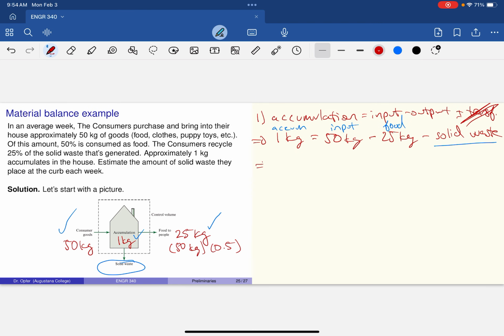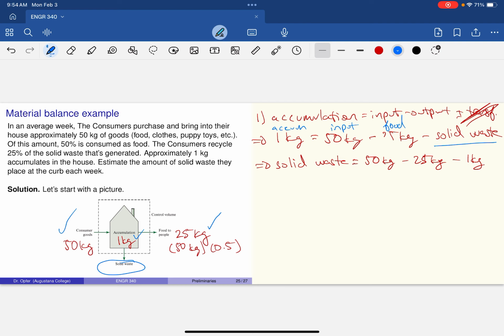Okay, so all we have to do is rearrange this. So the amount of solid waste is equal to, oh, excuse me, rookie mistake. It's equal to 50 kilograms minus 25 kilograms minus 1 kilogram.